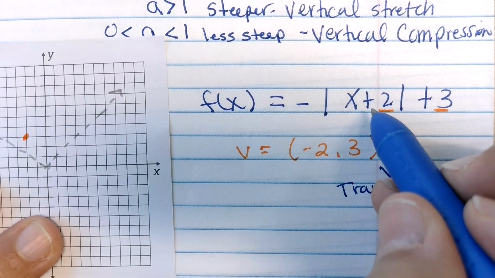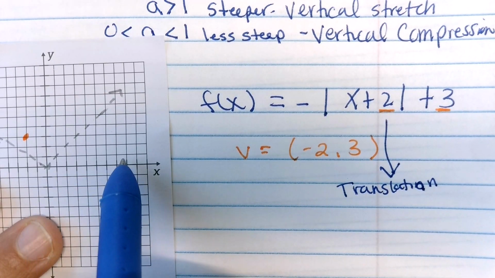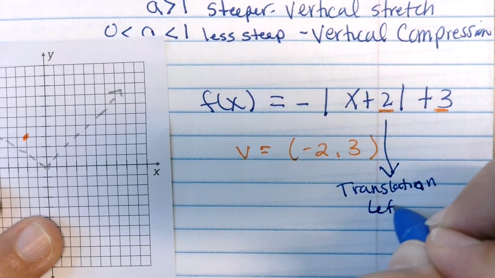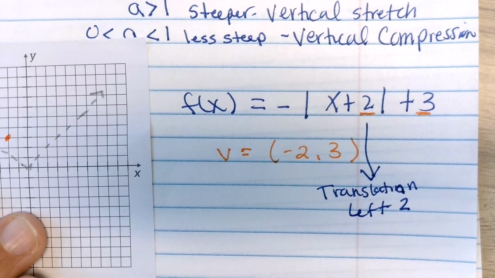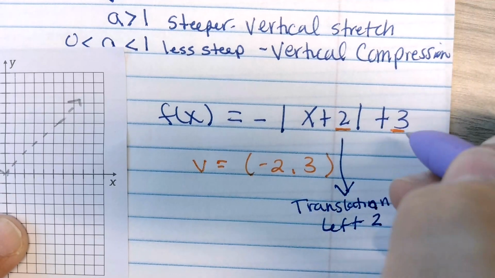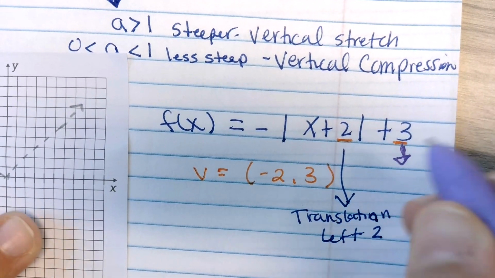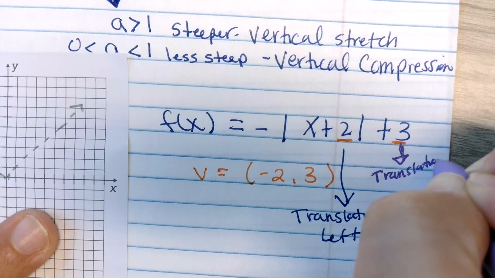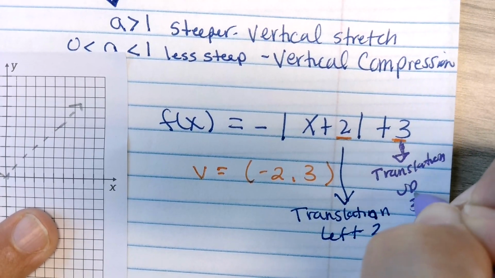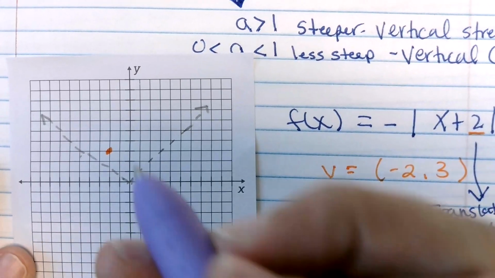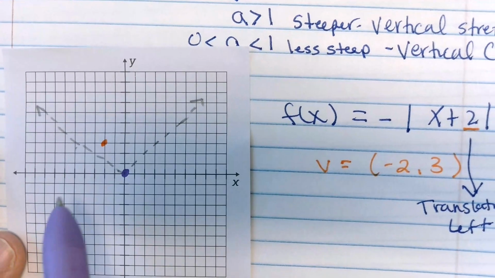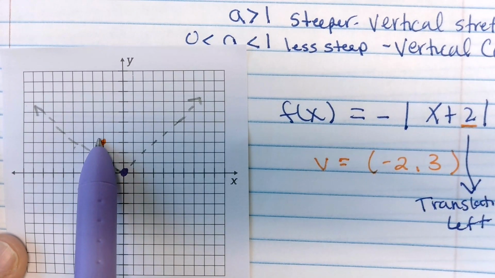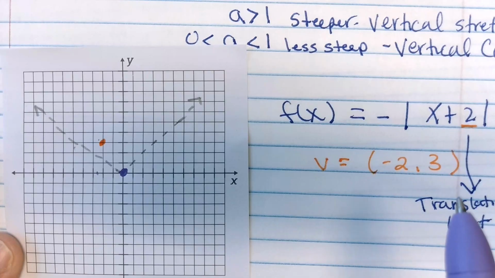It's a positive. So instead of going the positive direction, if you notice here, it went left 2. Okay, this 3 is a translation up 3. So our vertex used to be here at 0, 0. The equation told us, okay, let's move it 2 this way and up 3. So that's exactly what we did.